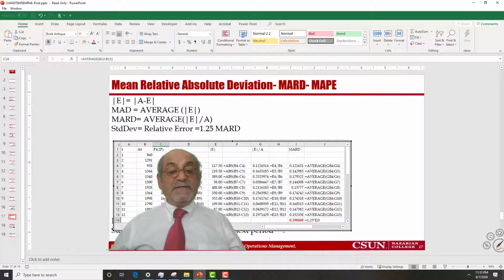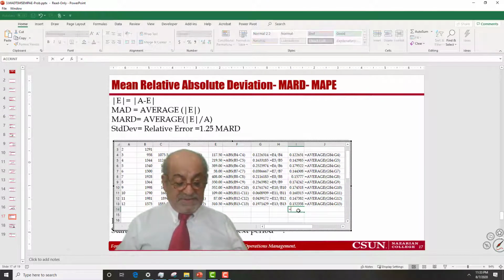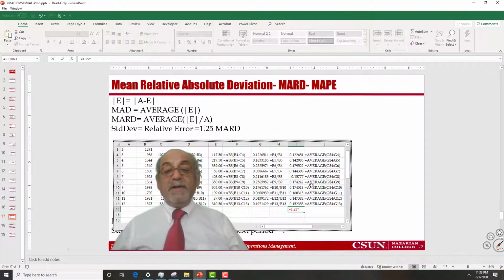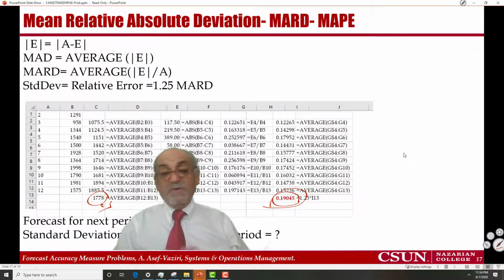This is my forecast, my 2 period moving average forecast for the next period, and then the standard deviation of forecast is 1.25 multiplied by MAD. This is our forecast, and the standard deviation of forecast is 20% of the average. From 0 to 1 it is 0.19. From 0 to 100, we multiply by 100, it is about 19%, 9.5% of the average is the standard deviation.